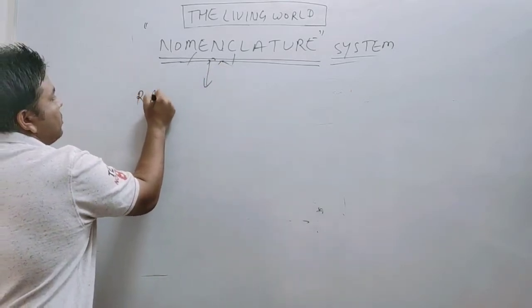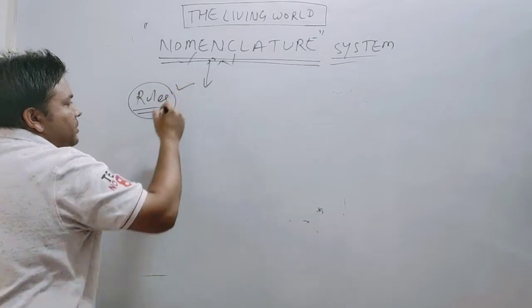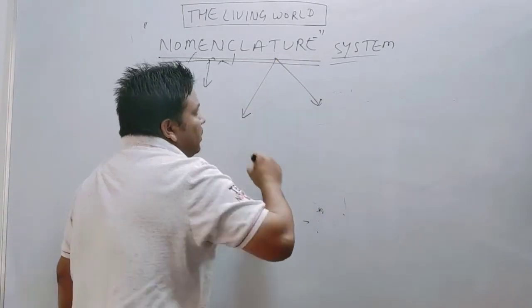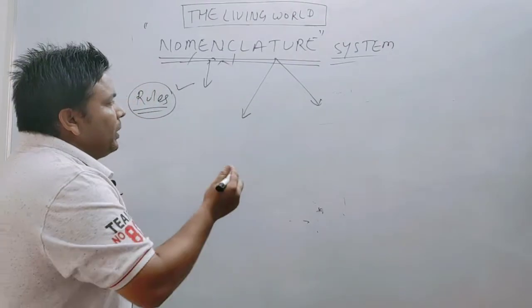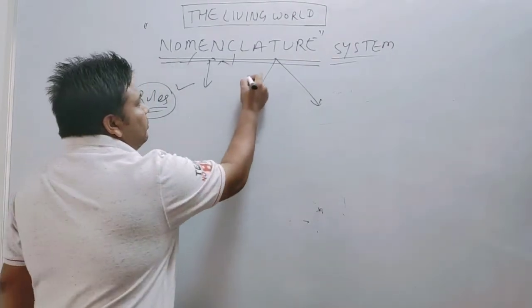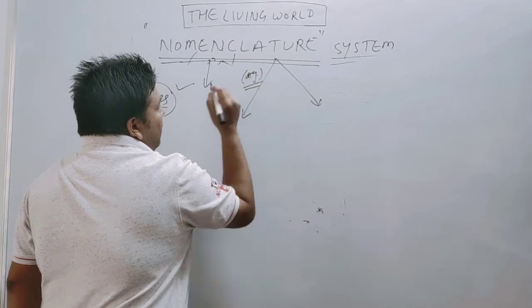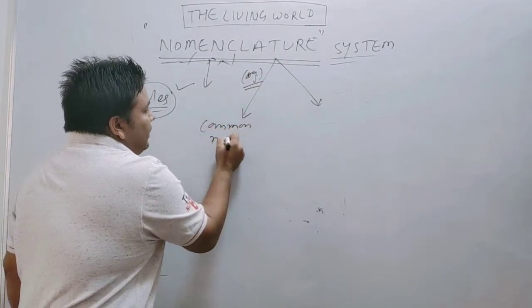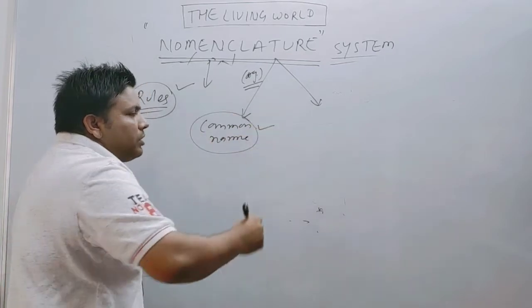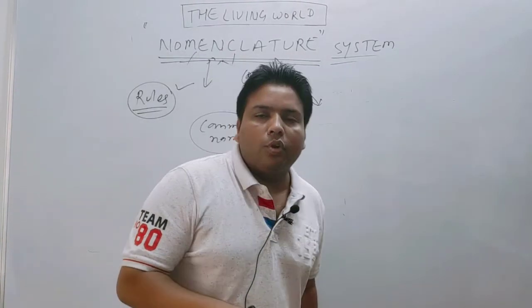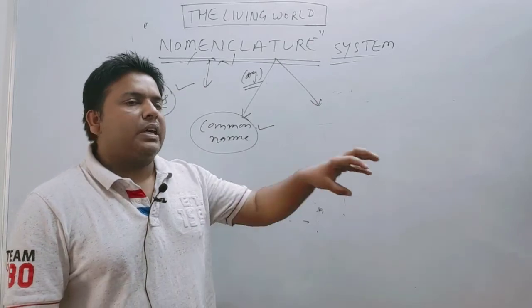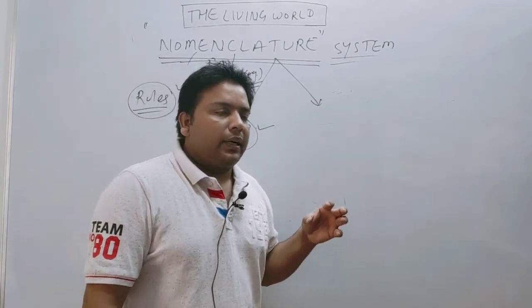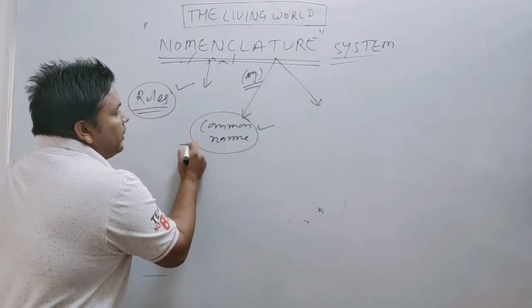There are some rules for the nomenclature system, and there are two systems for the naming or the nomenclature of the organism. For example, this is the organism. First and foremost thing, there is always a common name for the organism because it is found in a local area. It is found only at one specific place, say only in Tamil Nadu, for example only in Haryana, right? So we call it the common name.